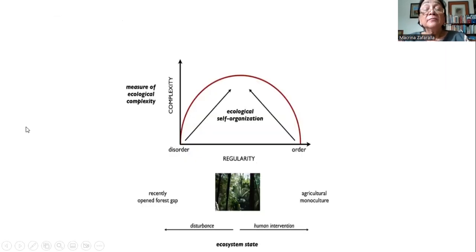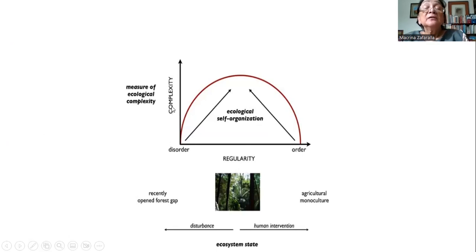In a system that is in disorder and order, the tendency is to develop so as to achieve regularity through self-organization. And this regularity exists between the disordered and the ordered ecosystems.